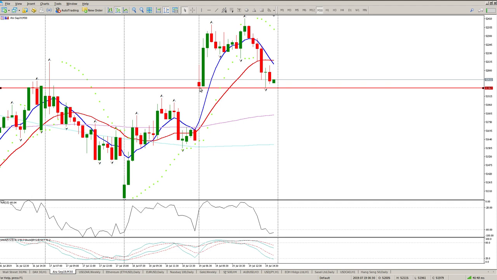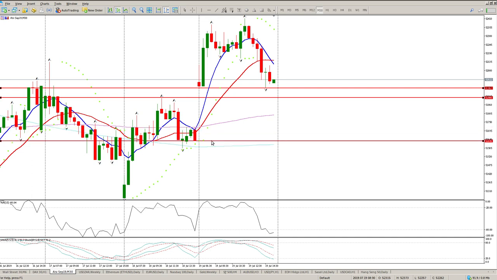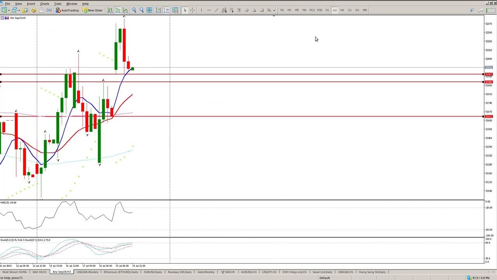That's my line in the sand. If we get through this area here, you can expect these swing highs to be tagged, and then you can expect, well, the gap's not there, the gap's there. You get this gap to be closed. And I do suspect that is kind of what we're looking at.